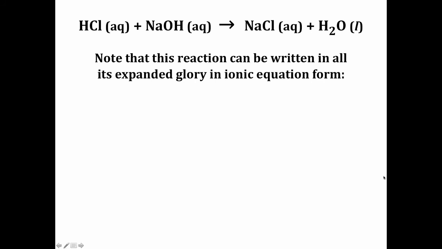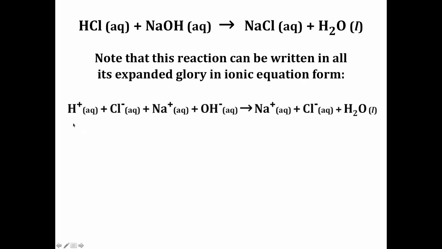Now, one other thing to note, this reaction can be written out in expanded ionic equation form, as we did with precipitation reactions, by noting that HCl is a strong acid, so it's really H plus ions and Cl minus ions separated from each other. NaOH, same thing, it's a strong base, so it's really Na plus ions and OH minus ions separated from each other.